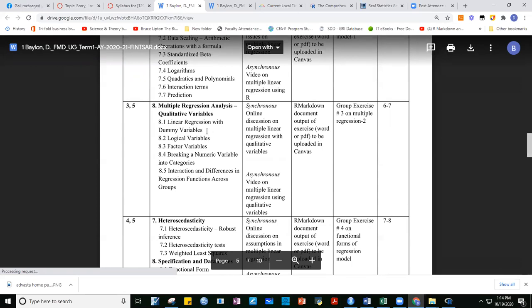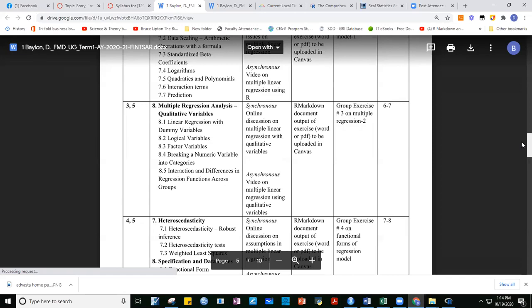Another aspect of multiple regression is we're going to use qualitative variables. When you say qualitative variables, it means, for example, you have data where your explanatory variable is categorical in nature. For example, gender. So you might have female or male.